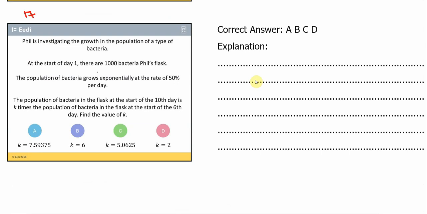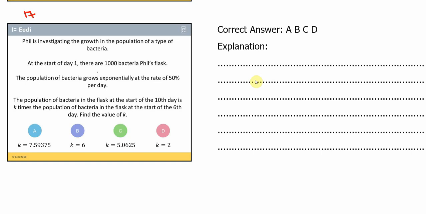Let's read it together. So this is the same build-up as before. It increases at 50% and it starts at 1,000. The population of bacteria in the flask at the start of the 10th day is K times, so a certain amount times larger than the population at the start of the 6th day.